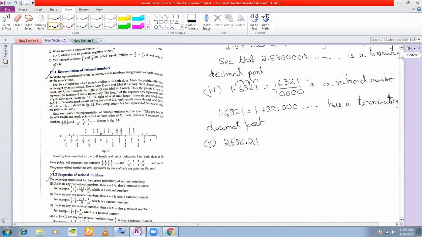Because it is a terminating number. Because it has a terminating decimal part. Because if you see, after 21 you only have zeros, isn't it? 2536.21, and then you have zeros only. So this is a number with a terminating decimal part.